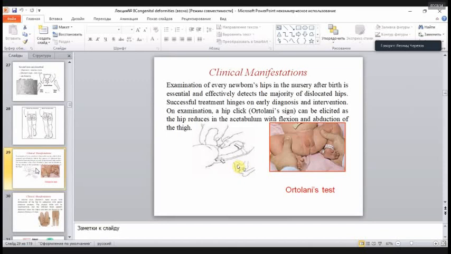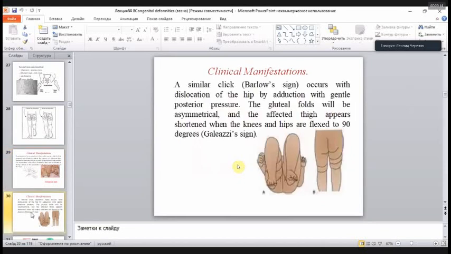A similar click, the Barlow sign, occurs with dislocation of the hip by adduction with gentle posterior pressure. The gluteal fold will be asymmetrical and the affected side appears shortened when the knees and hips are flexed to 90 degrees.